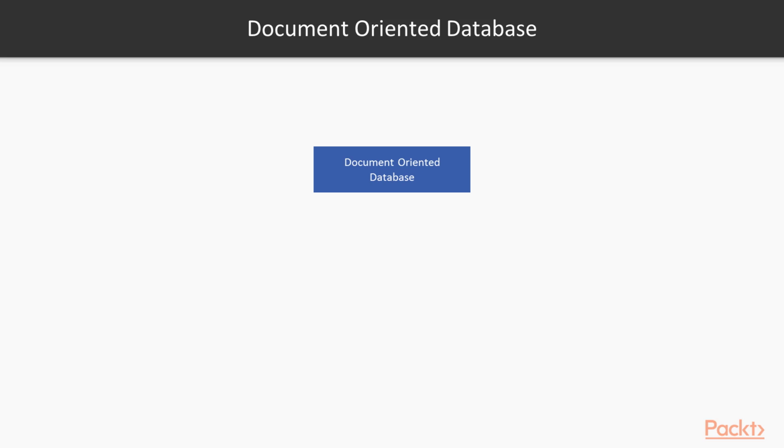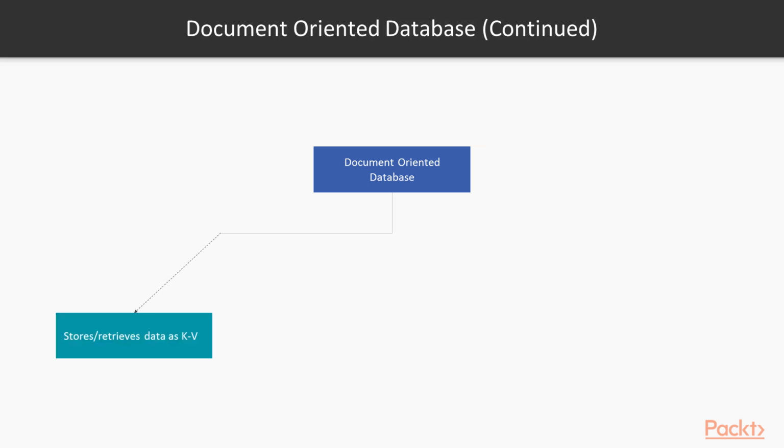The next database type on the list is the document-oriented database type. Now, a document-oriented NoSQL database stores and retrieves data as a key-value pair and stores the value part as a document. The document is then stored in JSON or XML formats. The value is understood by the database and can be queried easily.